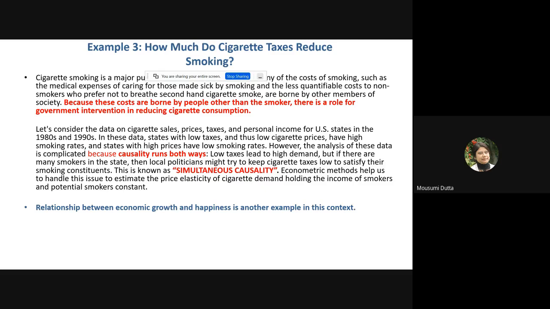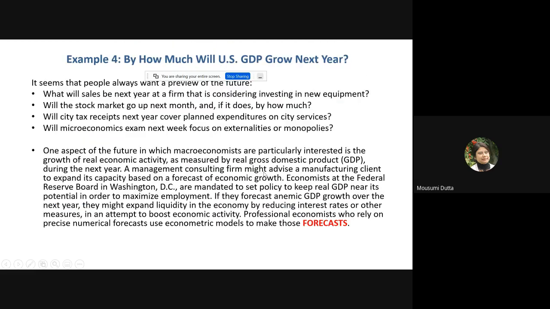There is a one-to-one relationship between the two, and sometimes we actually do not understand which determines what. Growth and happiness is the classic example of this kind of endogeneity issue, or we may call this the simultaneous causality issue. So econometrics gives us several techniques by which we can control this simultaneous causality, or resolve the problem of simultaneous causality.